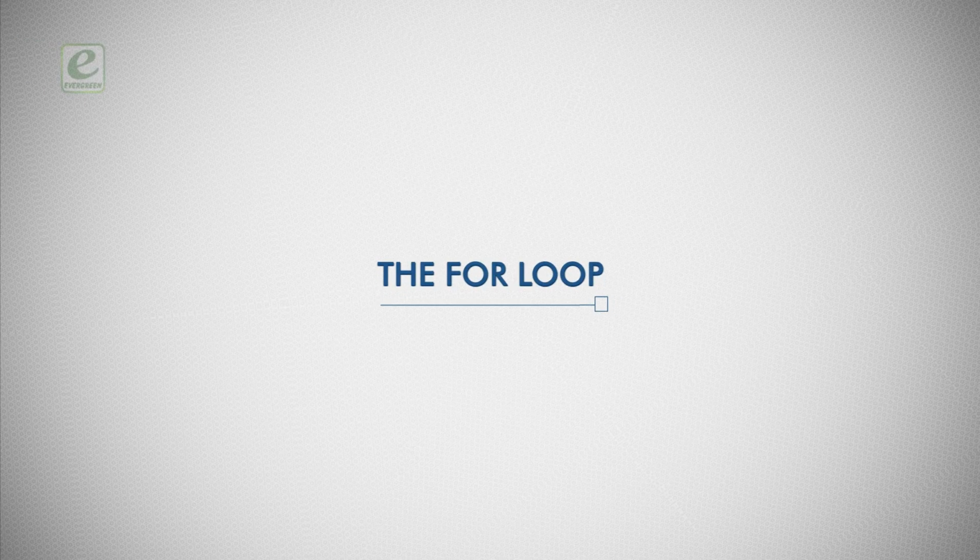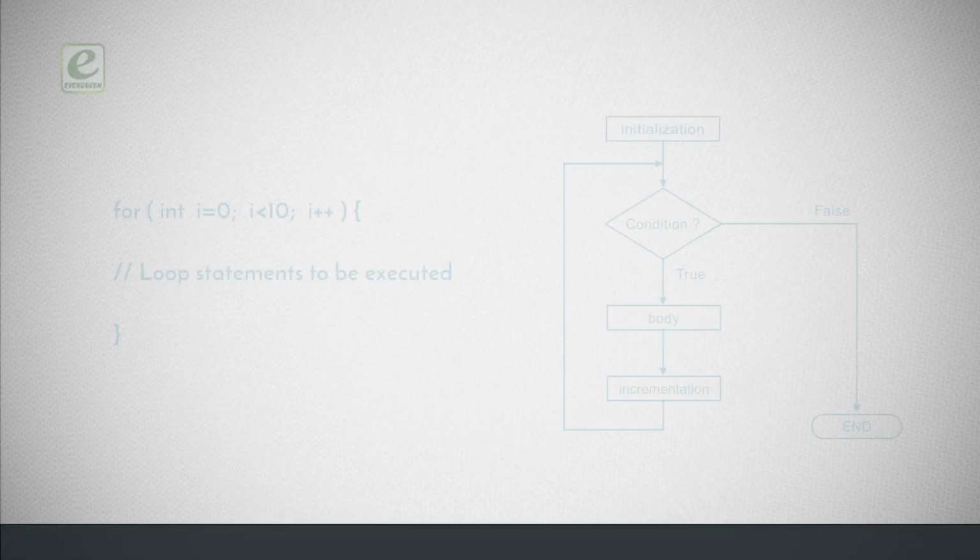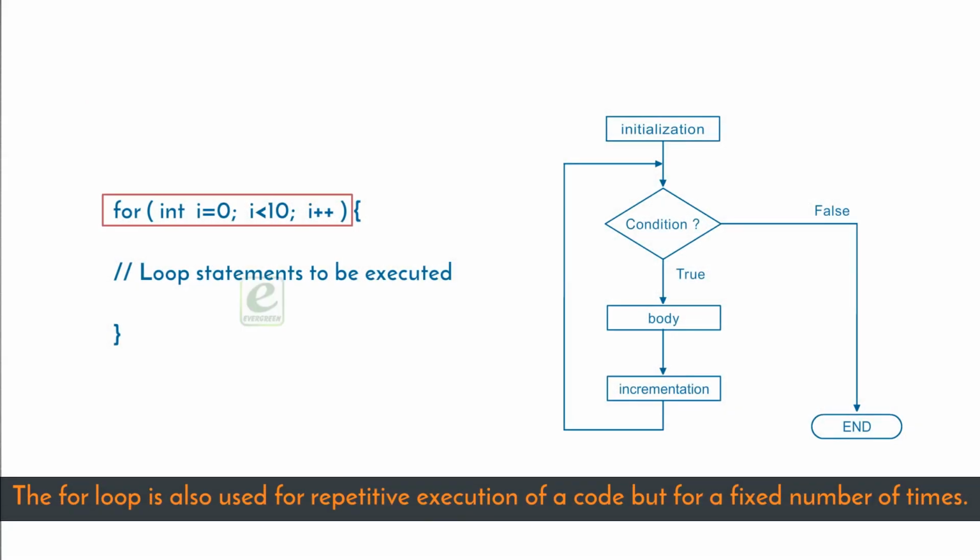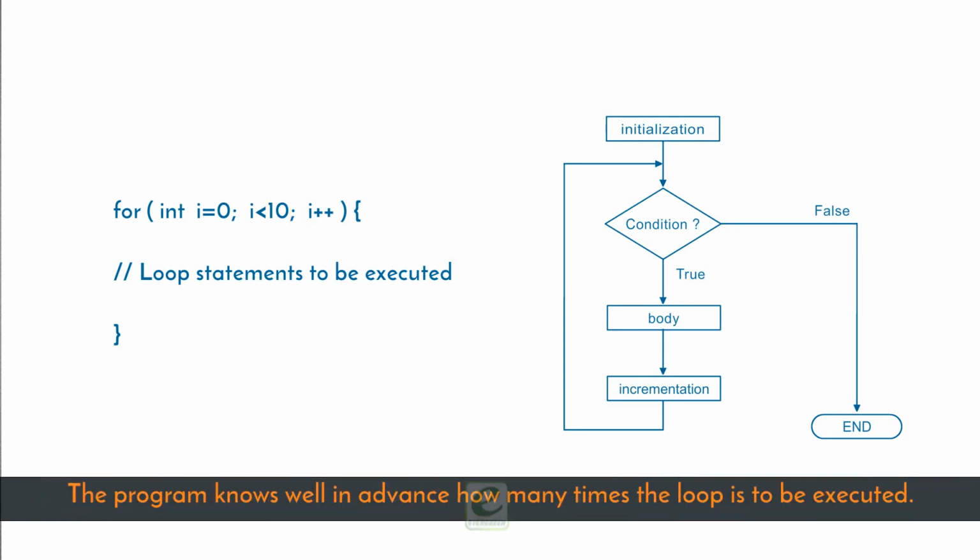The for loop. The for loop is also used for repetitive execution of code, but for a fixed number of times. The program knows well in advance how many times the loop is to be executed.